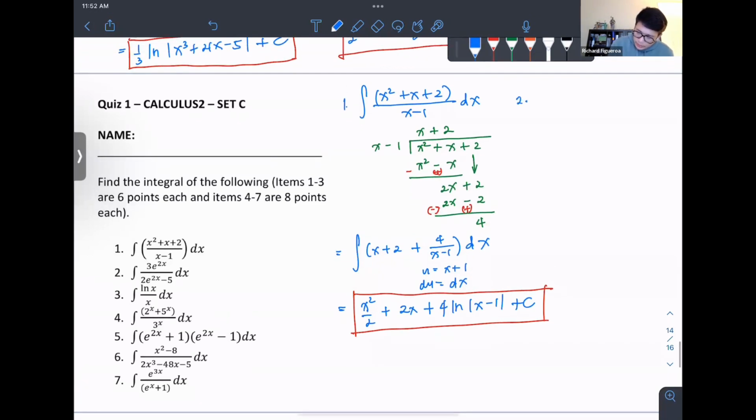For number 2, so we have 3e^2x over 2e raised to 2x minus 5 dx. So our u here will be 2e raised to 2x minus 5.